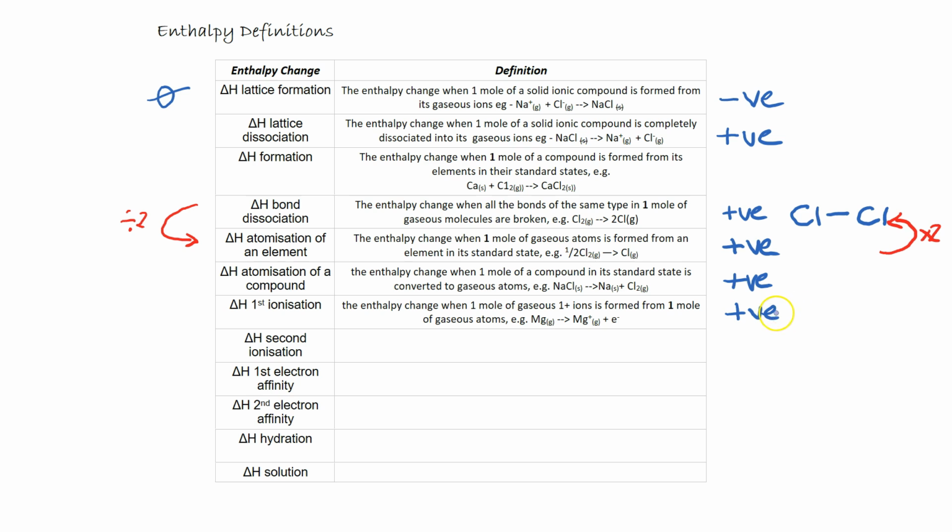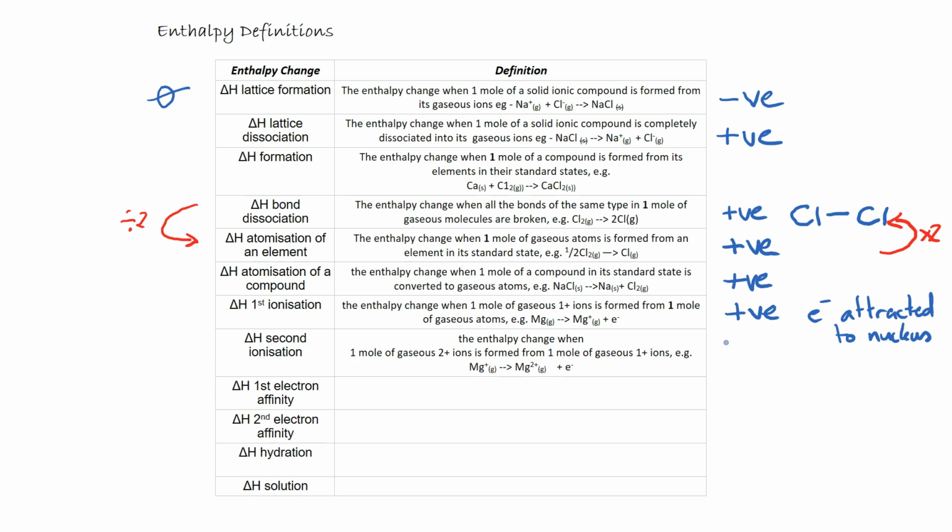Notice that this is a positive, endothermic reaction because the electrons are attracted to the nucleus, and therefore we have to overcome this attraction in order to remove the electrons from the atom to make the positive ions.